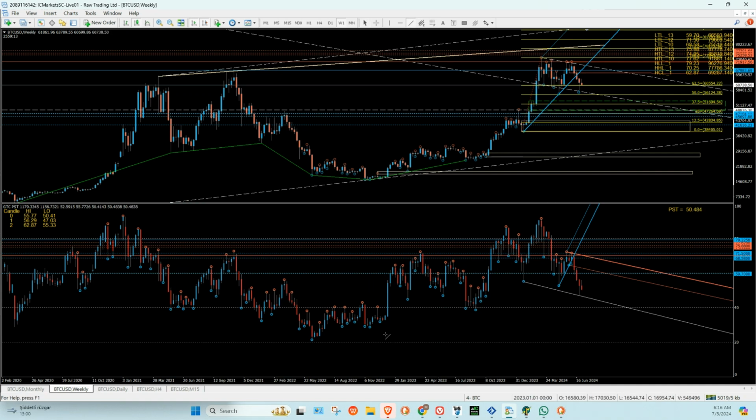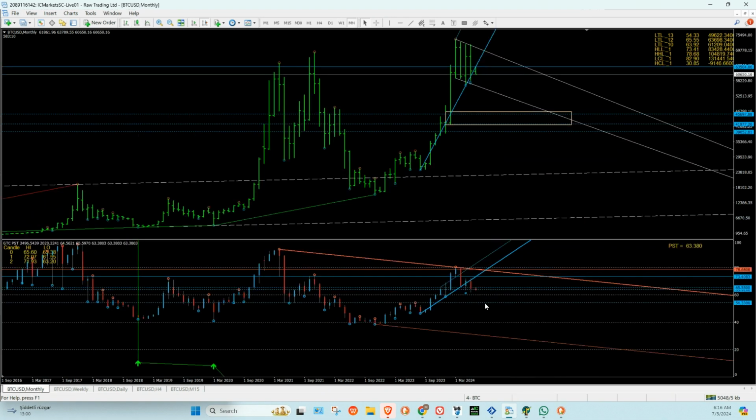And the other thing is from bottom to bottom. There you go. So this zone will probably be a bit supportive. But this has got room to go, and on the monthly, as you can see, we've got room to come down, all the way into that $50,000 zone, like I did mention. I hope that helps.